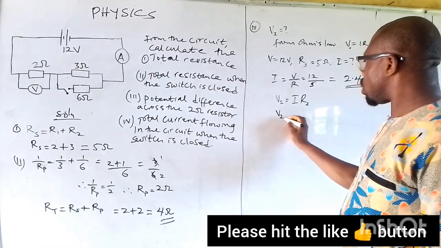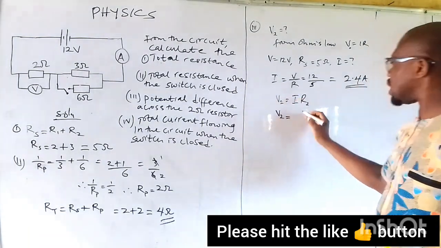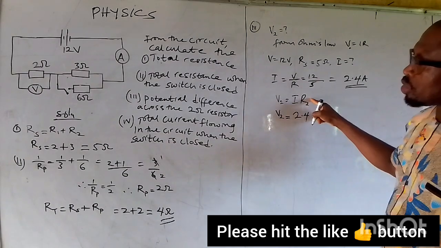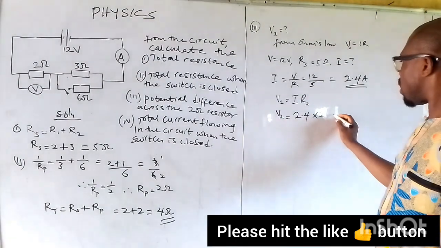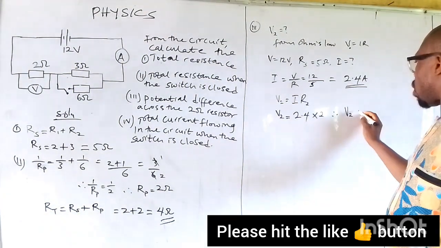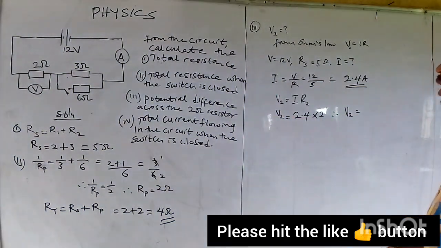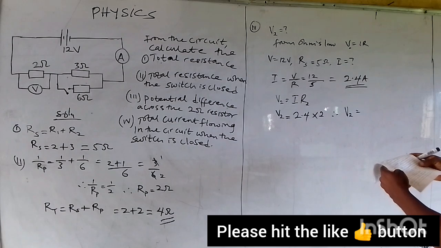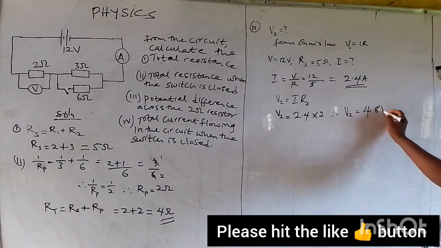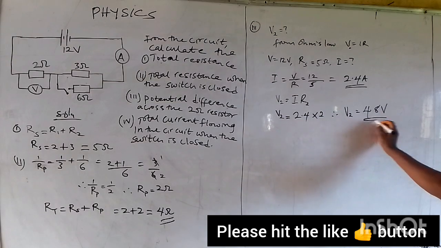So V2 is equal to 2.4 times 2. Therefore, the voltage drop across that 2 ohm resistor is 4.8 volts.